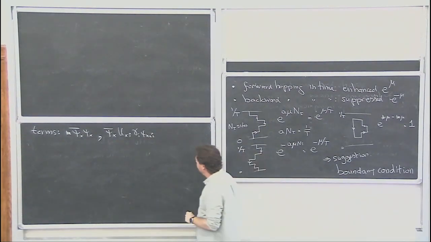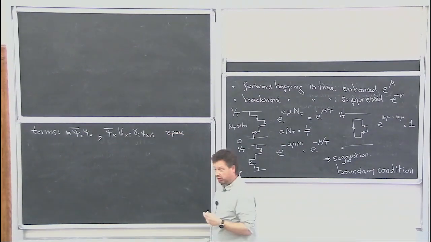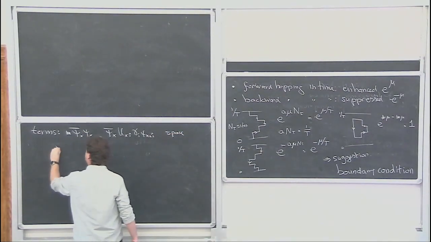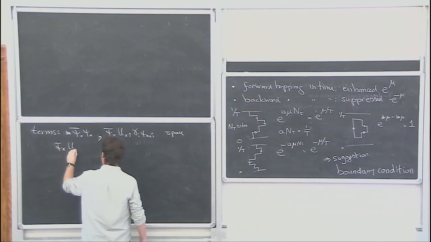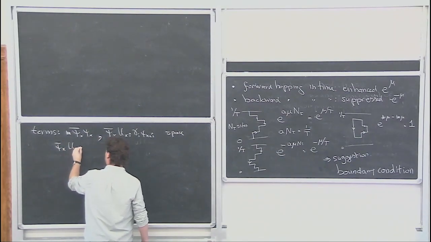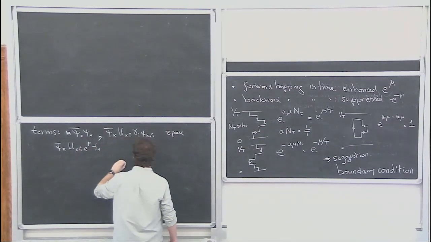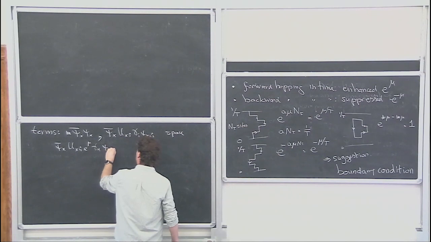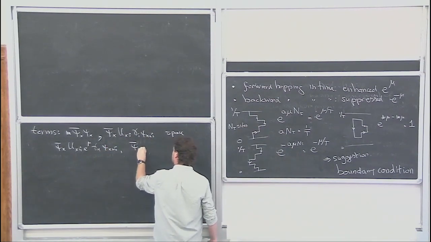And then I have the interesting terms in the temporal direction. Let me write them again: x, x plus 4, e to the mu, gamma_4, psi at x plus 4, and the one that goes in the opposite direction.